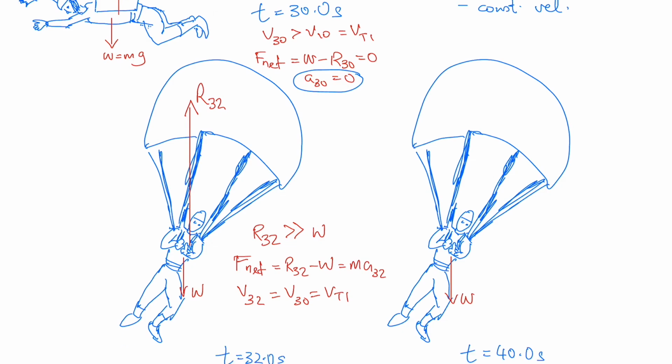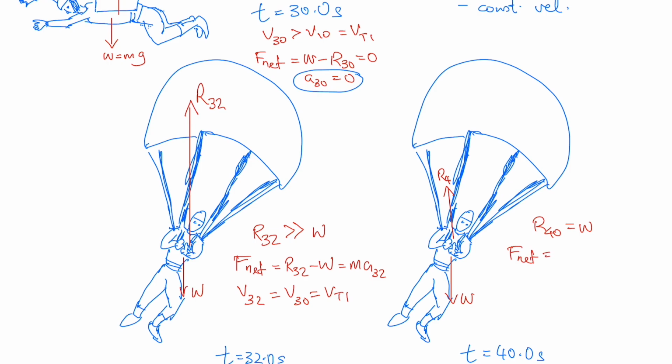So let's assume that time 40 seconds is the point where it achieves a new terminal velocity. So at R40, this R40 will again be equal to its weight. So it should be equal and opposite in length of the weight arrow.